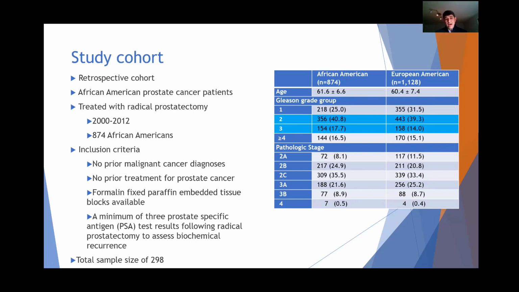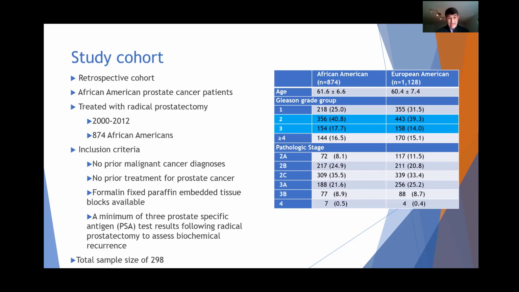So after we enumerated the overall cohort, we then included additional inclusion-exclusion criteria: there were no prior malignant cancer diagnoses and no prior treatment for prostate cancer.